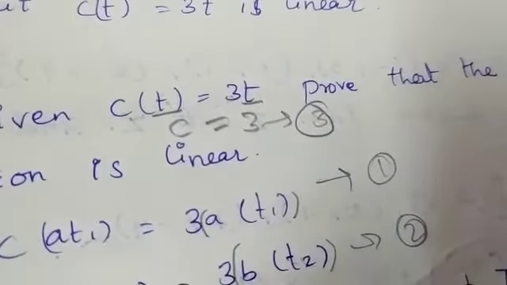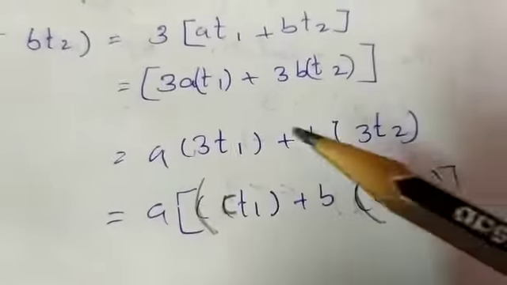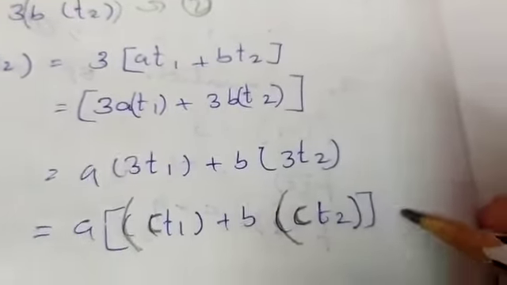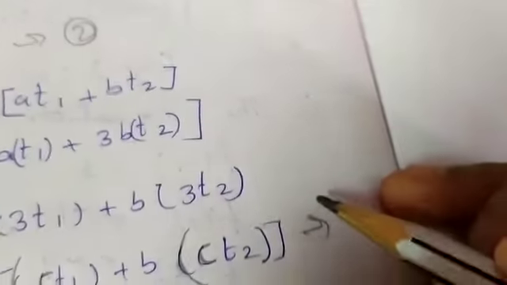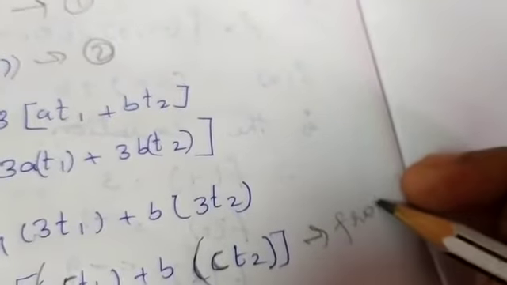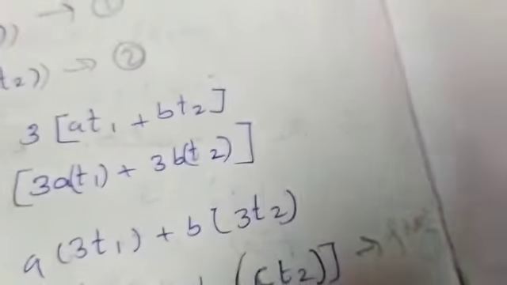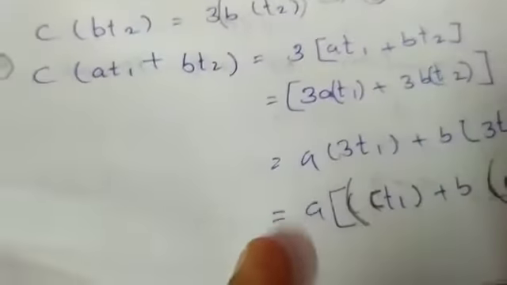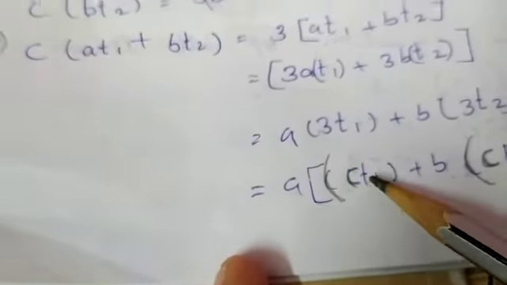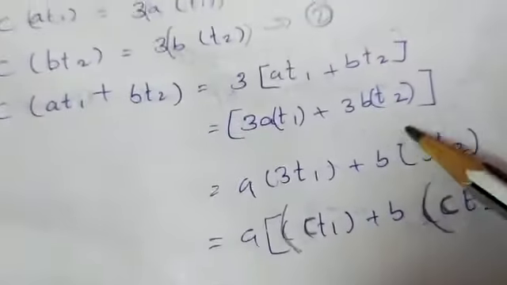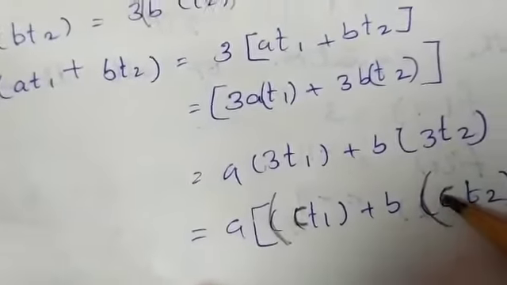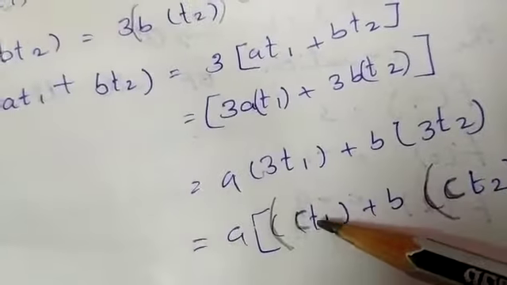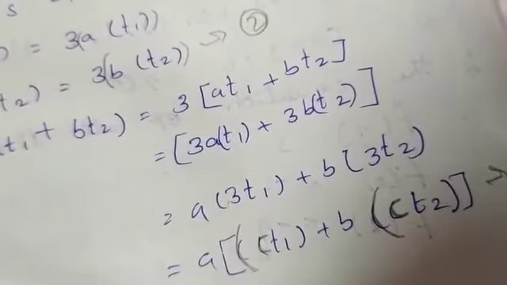Now we are substituting 3 as C from equation number 3. That is a into C of T1 plus b into C of T2.